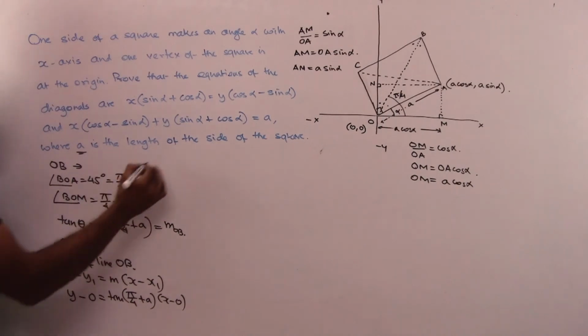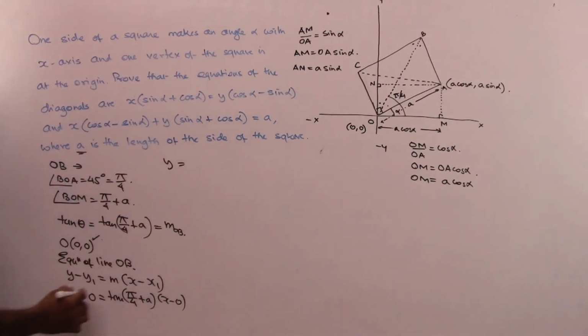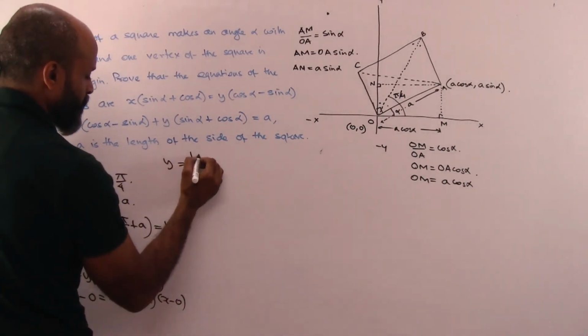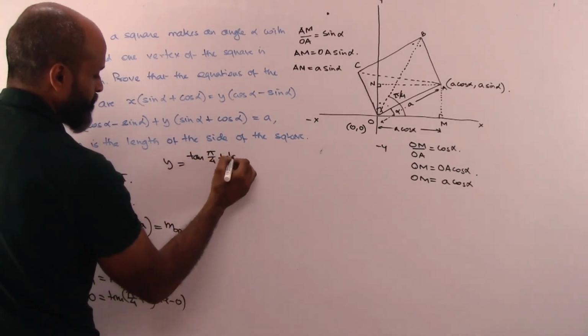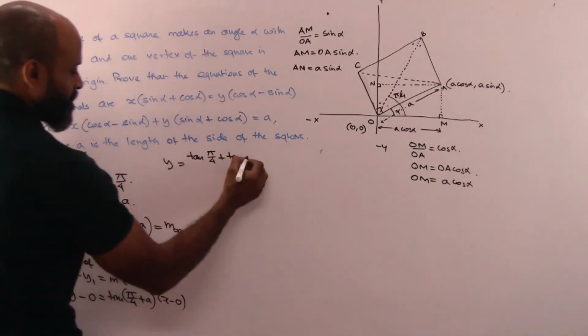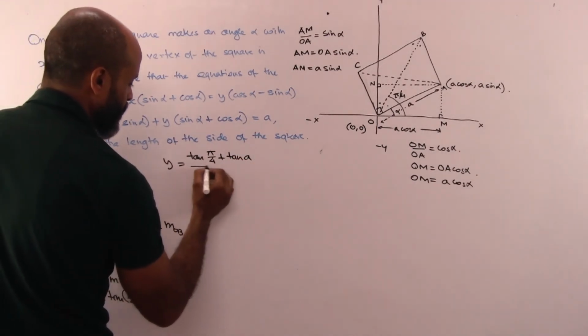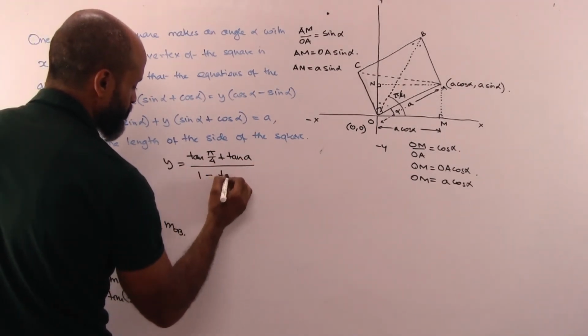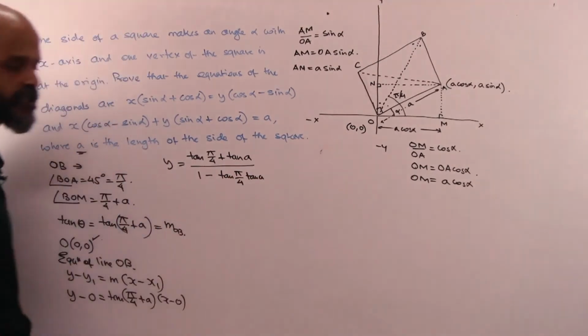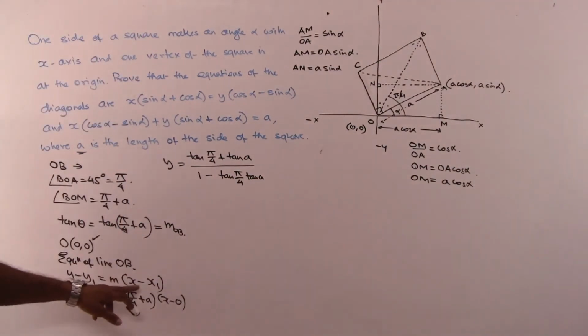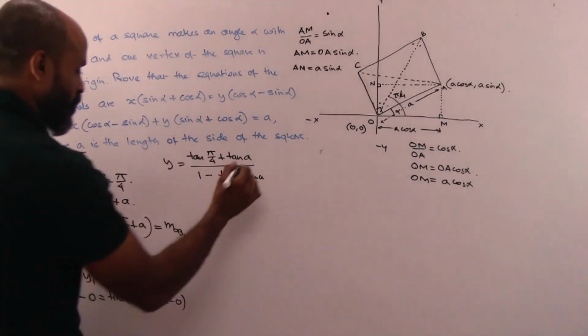So y is equal to tan of pi by 4 plus alpha, which is tan a plus tan b upon 1 minus tan a tan b, into x.